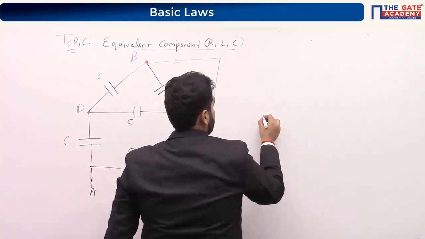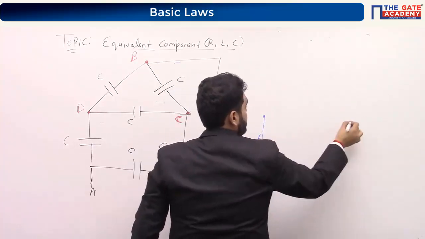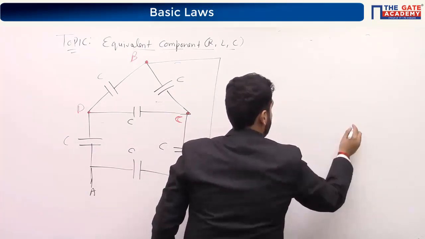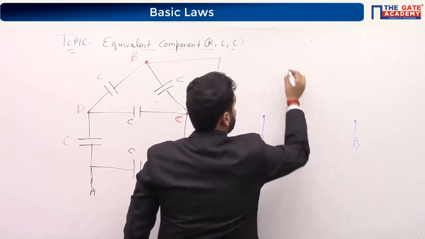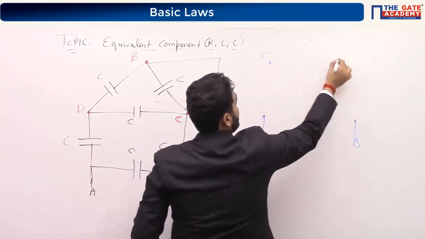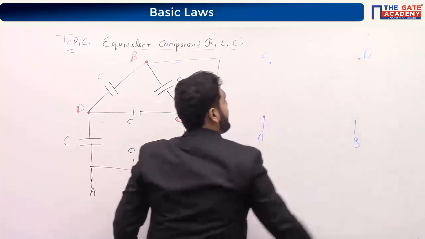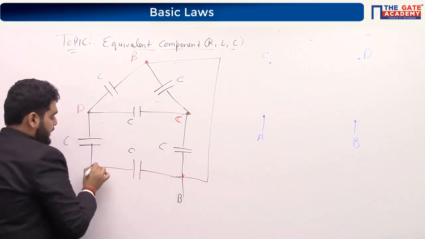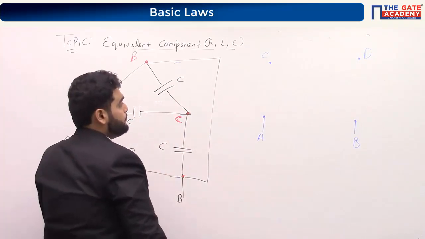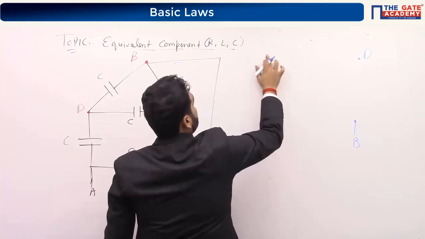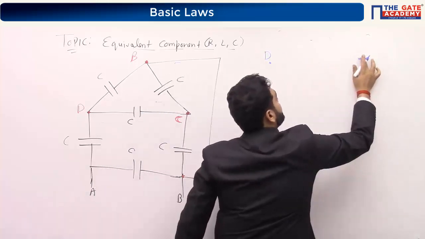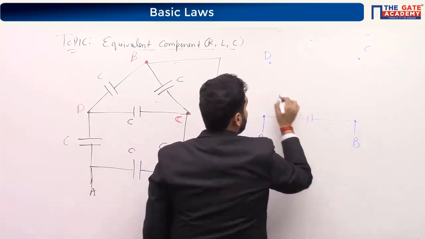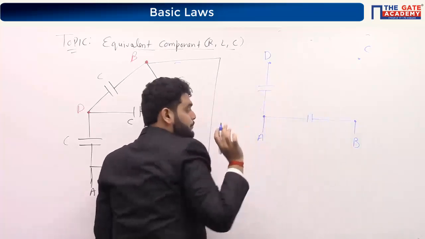So we are redrawing the diagram. You can see this is A, this is B, let's suppose this is C and this is D. Now see, from A we have one capacitor to B and one capacitor to D, right?